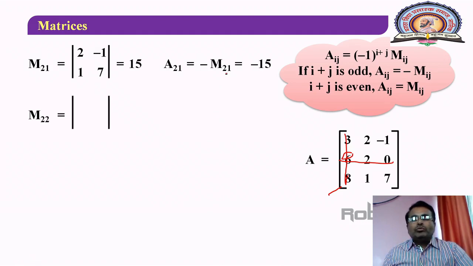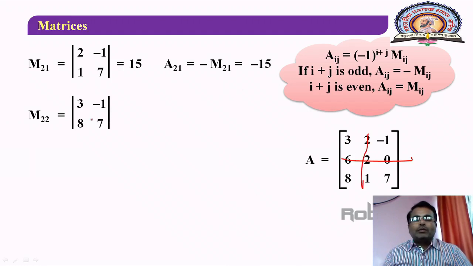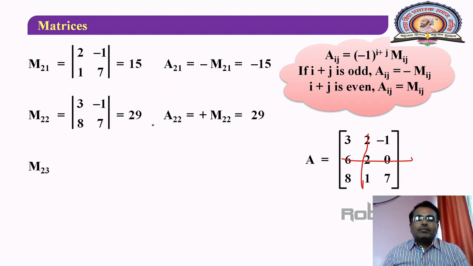Similarly for M22, you have to delete the second row and second column. So 3 minus 1 8 7, that will come in, and therefore it is equal to 29. So 21 plus 8 is 29.